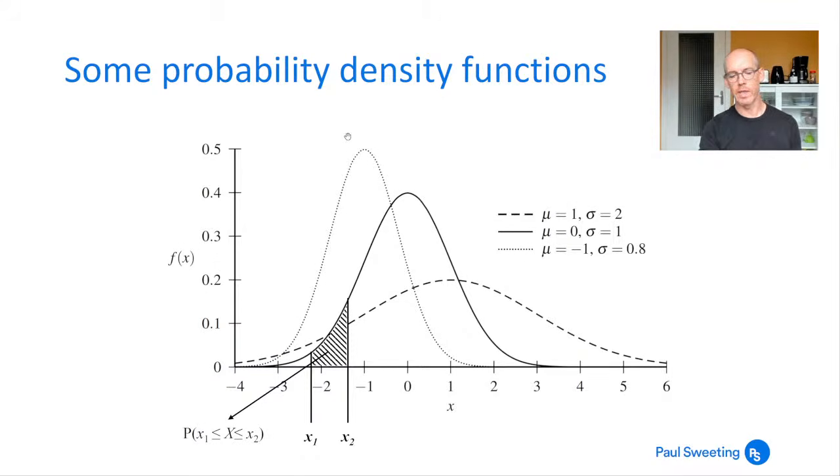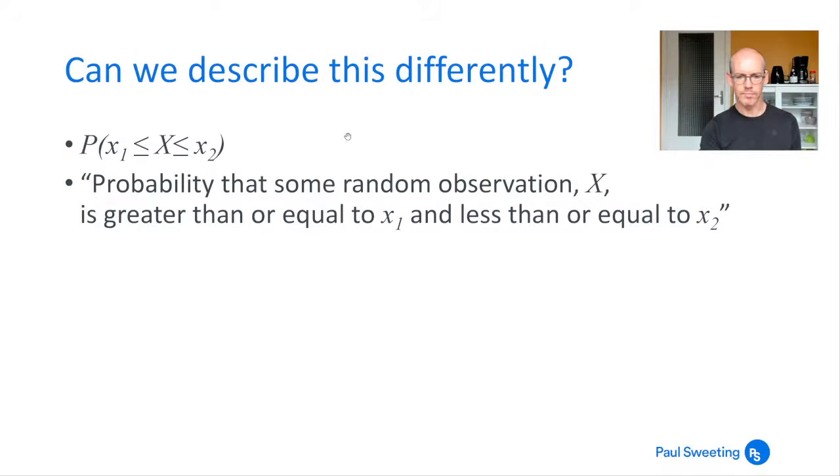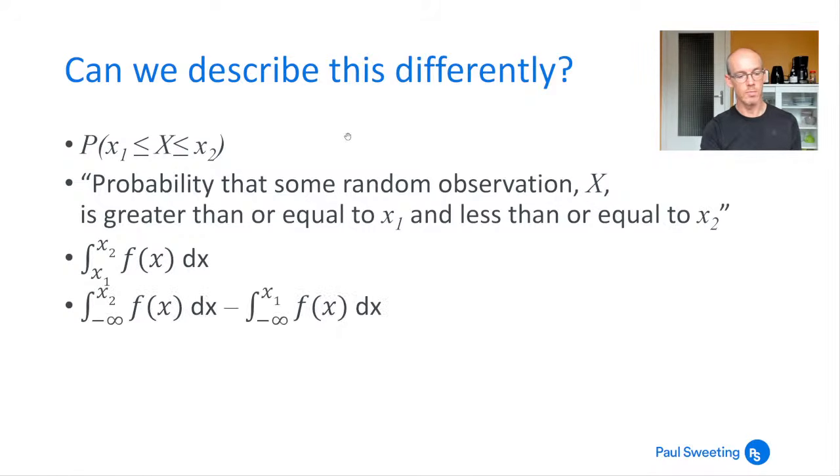And you can do the same with looking at the probability of something happening between 2 points. The probability of something lying between x1 and x2. You could describe that as being the integral between x1 and x2, or the integral between minus infinity and x2 less the integral between minus infinity and x1, or F of x2 minus F of x1.